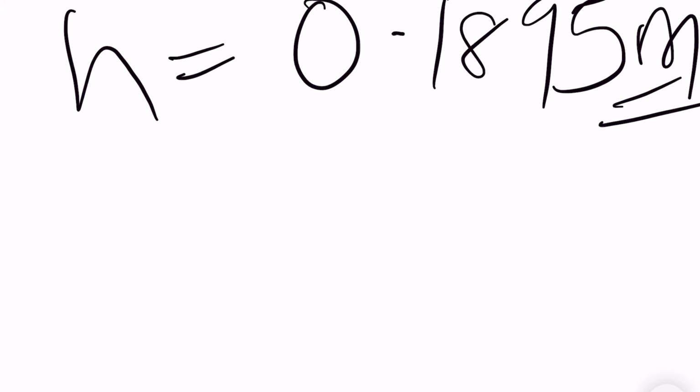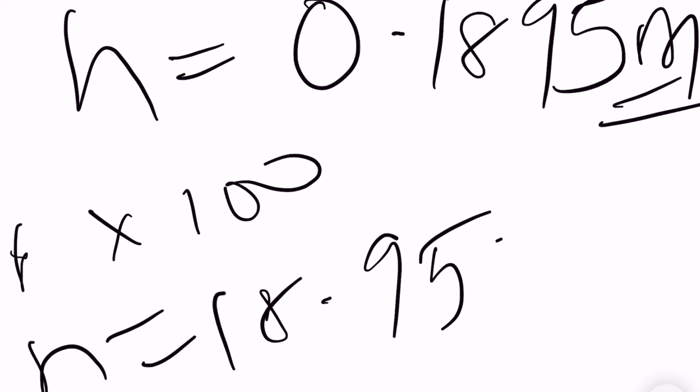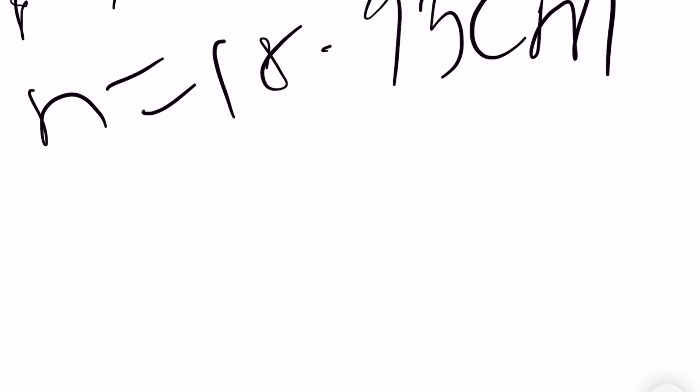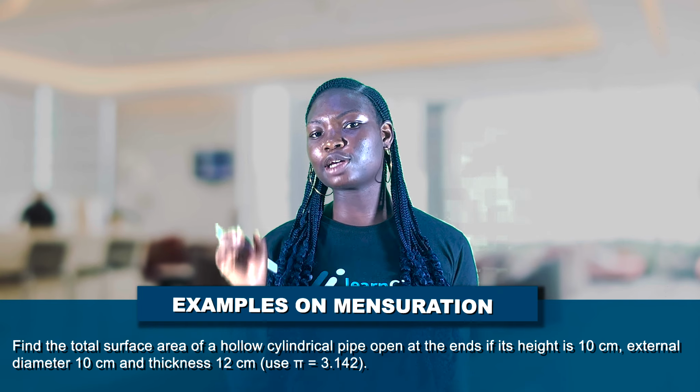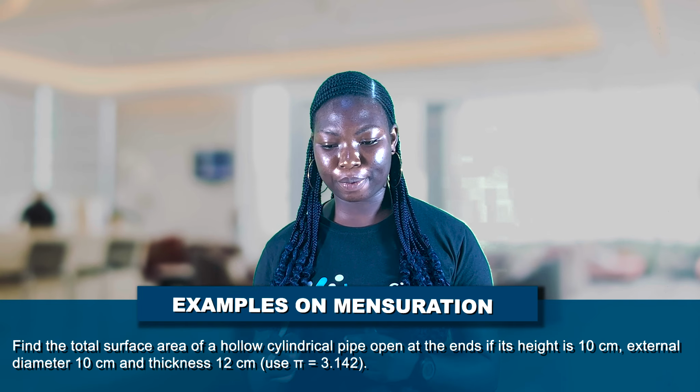To convert it to centimeters, we multiply by 100, and we have h to be 18.95 centimeters. So this is the height at which the remaining field is raised, which is 0.1895 meters.